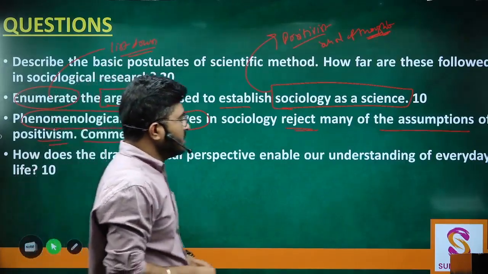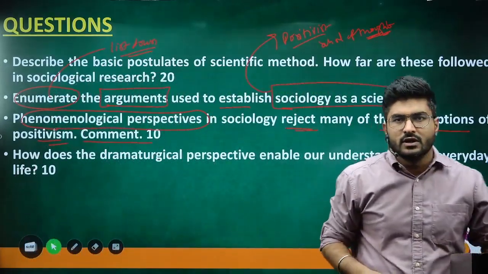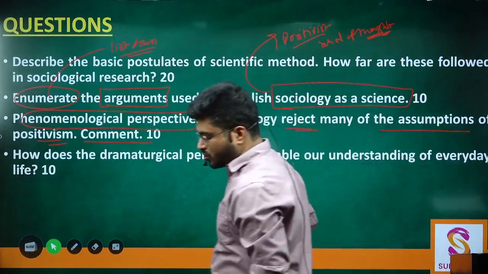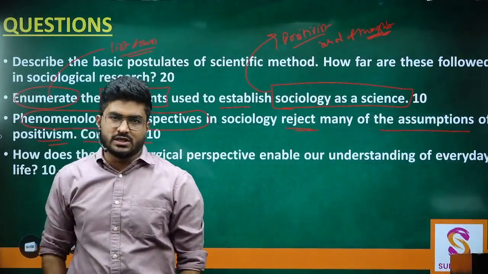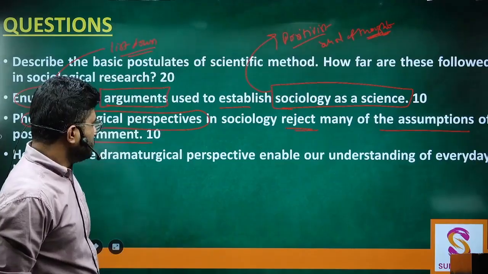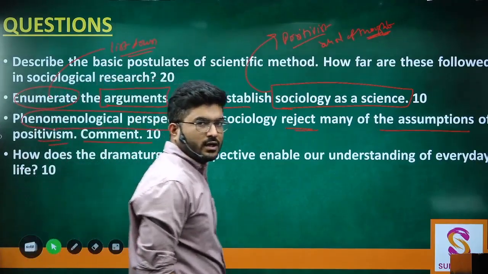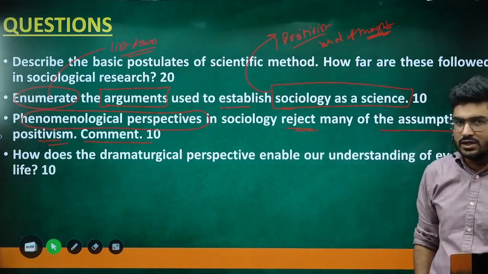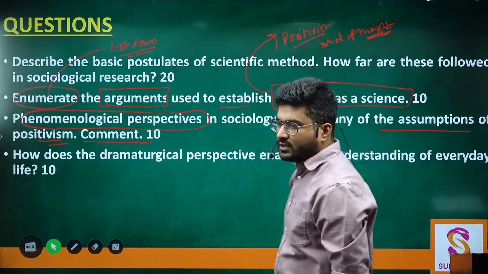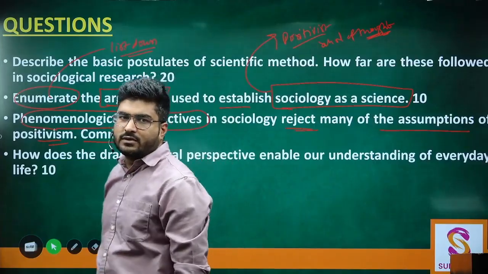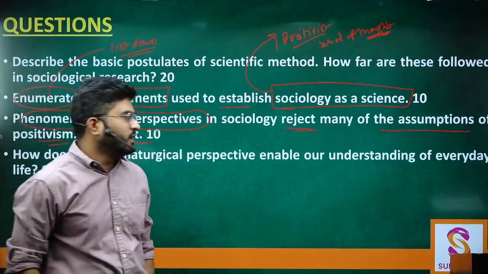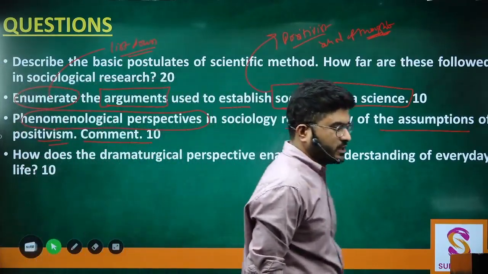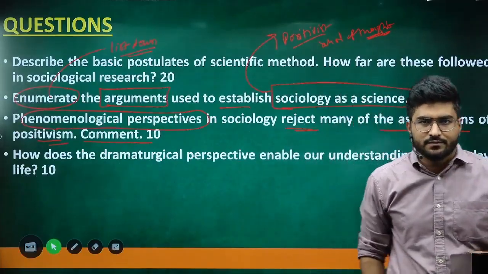Okay, then the conclusion: phenomenology, the micro school of sociological studies, focuses on everyday interactions and hidden meanings of social actions, where the focus on objectivity of positivism is curtailed.